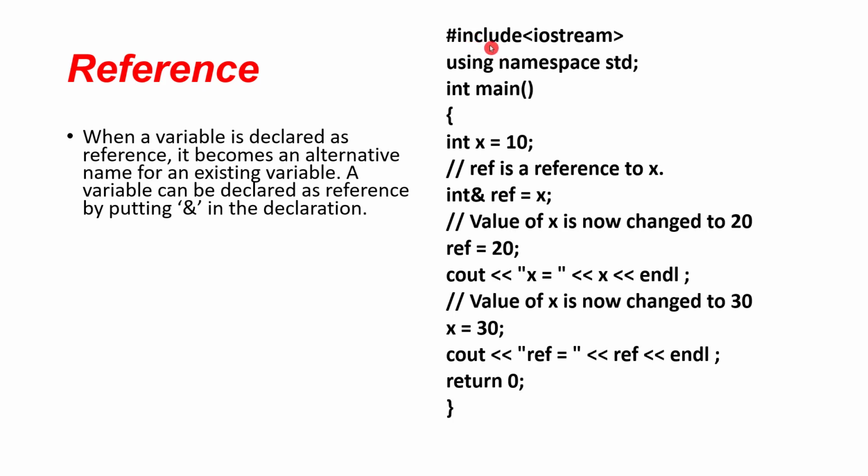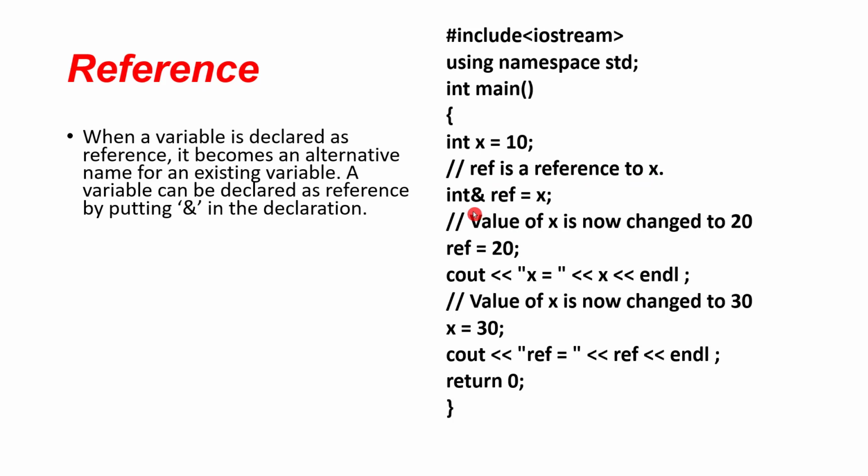We have the hash include input output stream, the header file, using namespace std, another important header, integer main. Every program starts with the curly bracket. Integer x equal to 10, end of the statement. Reference is a reference to x.